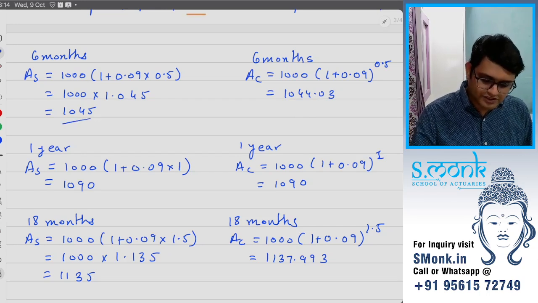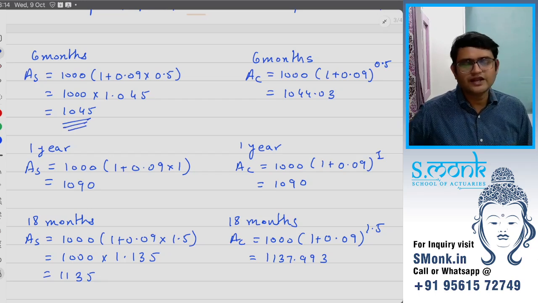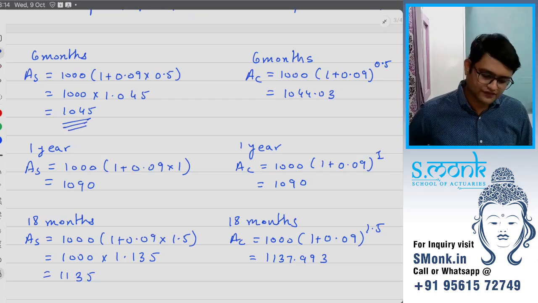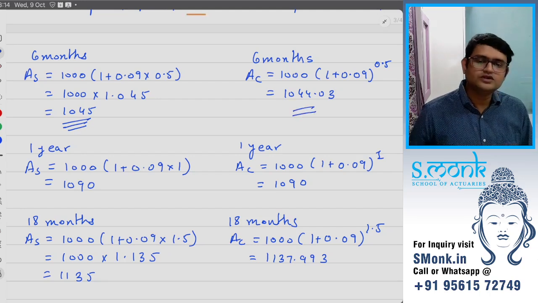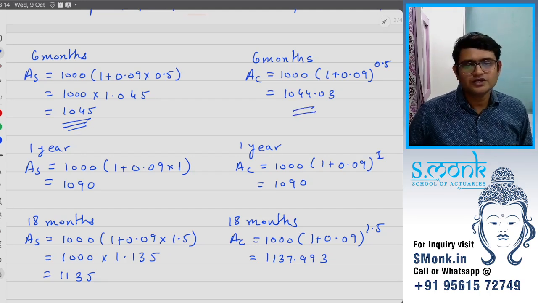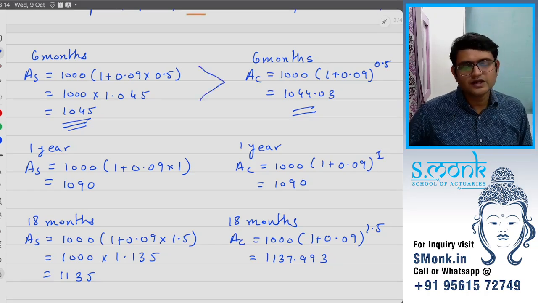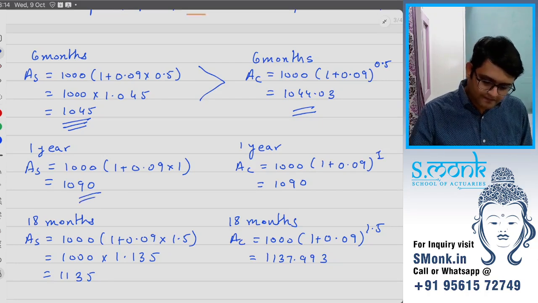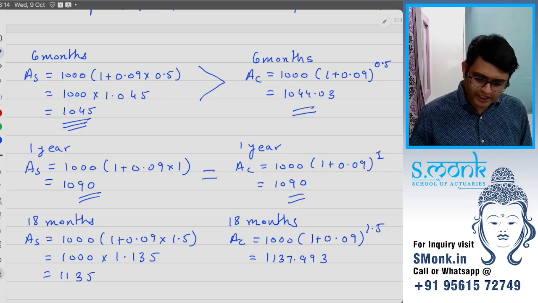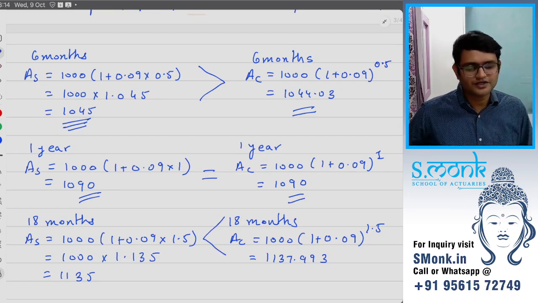Within 6 months, you can see the interest amount that we got with simple interest was 45, whereas in compound the interest amount was 44.3. So clearly simple interest was more than compound interest. In year 1 they are exactly equal, but in 18 months compound interest is more than simple interest, right?